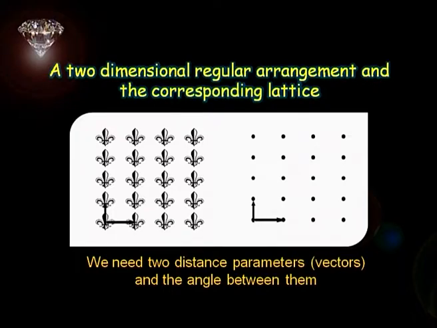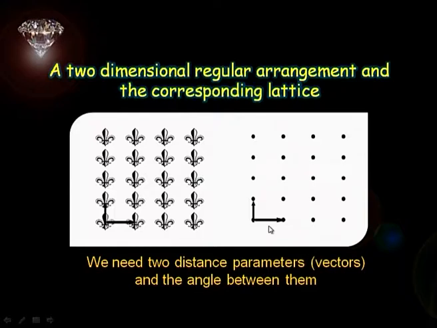I need three things. I need two distance parameters, that means the vectors: what is the repeat distance in this direction and what is the repeat distance in this direction. So I need two distance parameters and one angle parameter. That means the angle between the two distance vectors.